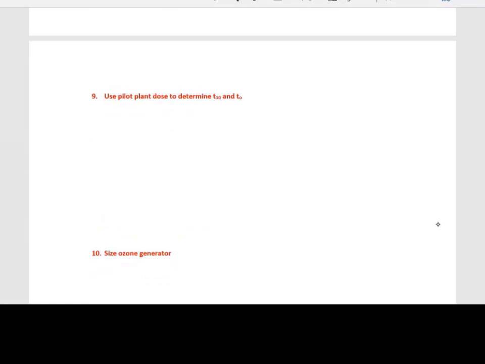So the next thing we'll do is use the pilot plant dose to determine CT and T naught. T10 divided by tau is equal to 0.7. That's for superior performance. We need a CT of 40 milligrams per liter minute.